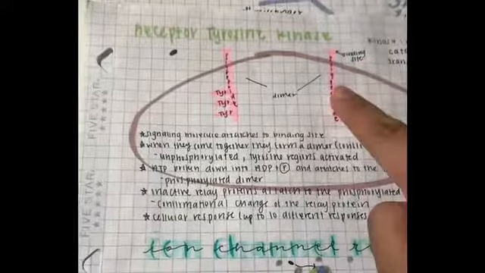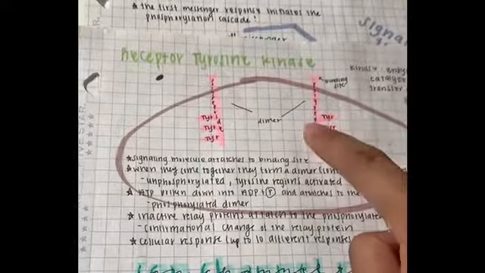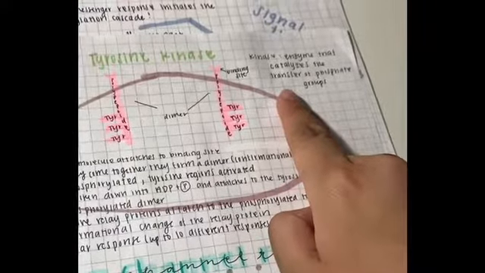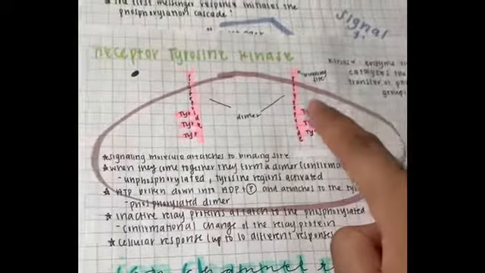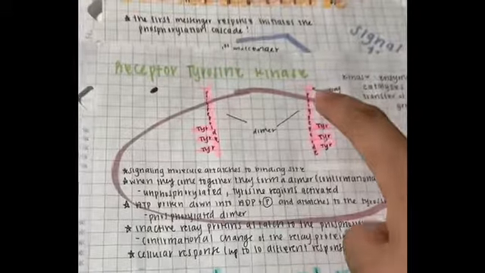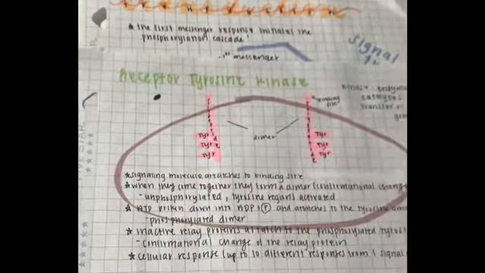The tyrosine kinase will actually transfer phosphate groups. The definition of a kinase is an enzyme that catalyzes the transfer of phosphate groups. And this is the binding site, and this is the ligand that will attach to it to carry out the message.